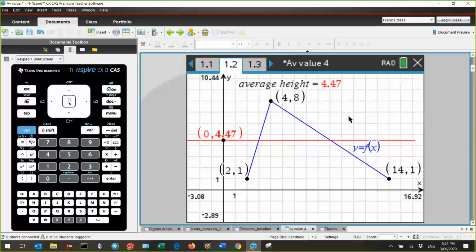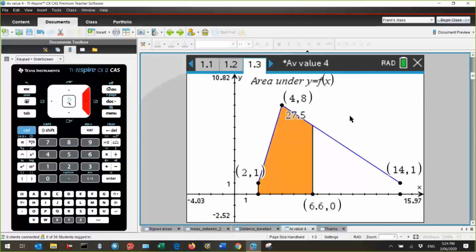Now, that doesn't help us a great deal with nonlinear functions, but we can use the linear function to help us understand how we work this out with a nonlinear function. So what I'm going to do is work out the total area under the graph there, and the area is 54.